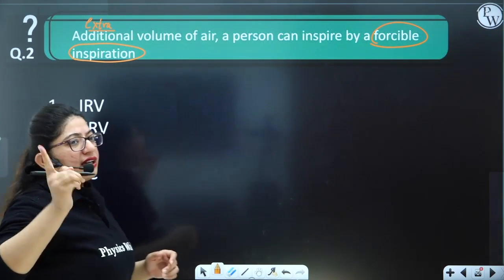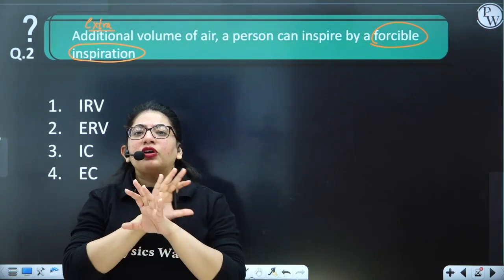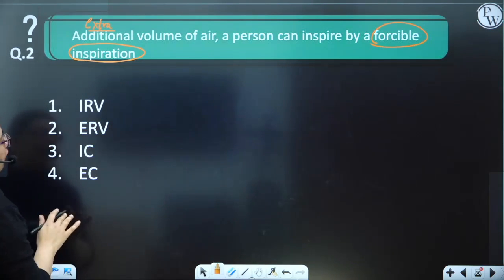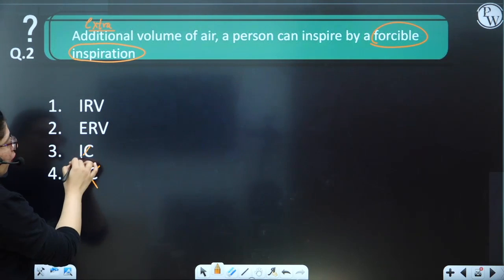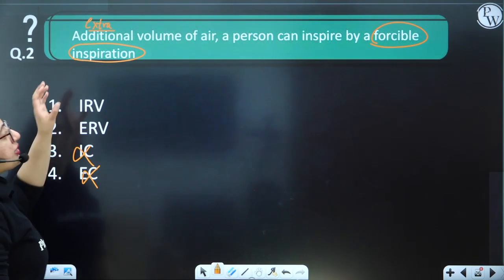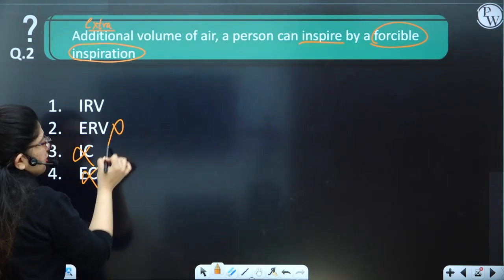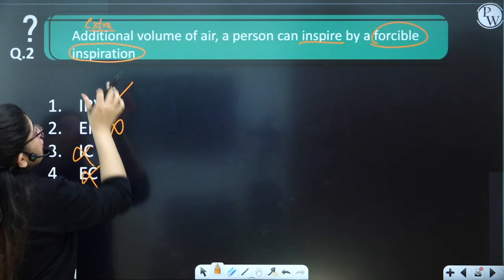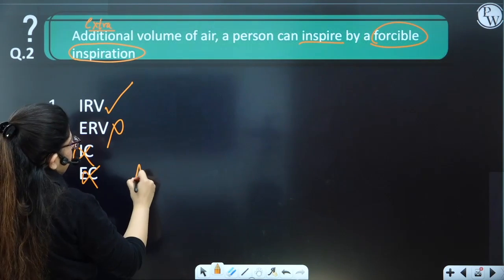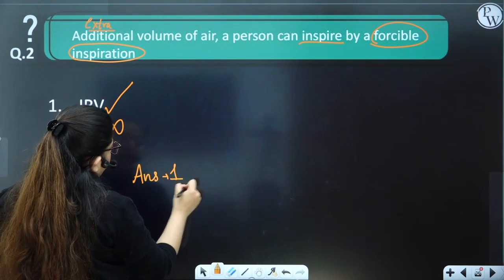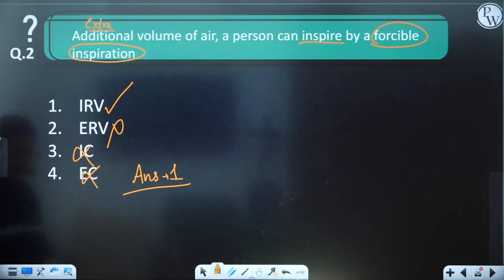It is not talking about total, so it will not be a capacity. It will not be expiratory capacity, it will not be inspiratory capacity. Since the person is inspiring, it will not be expiratory reserve volume, it will be IRV. So the extra volume you're taking in is IRV. I hope that's pretty clear to everyone.